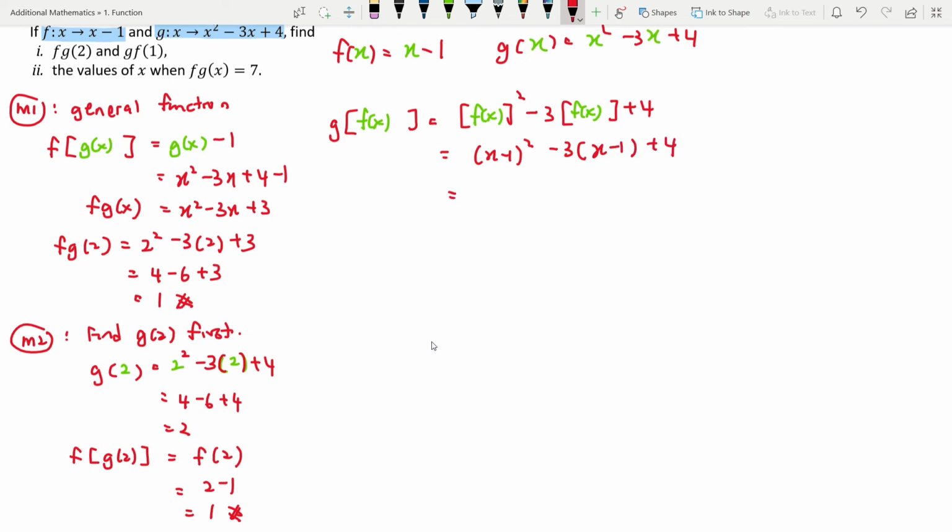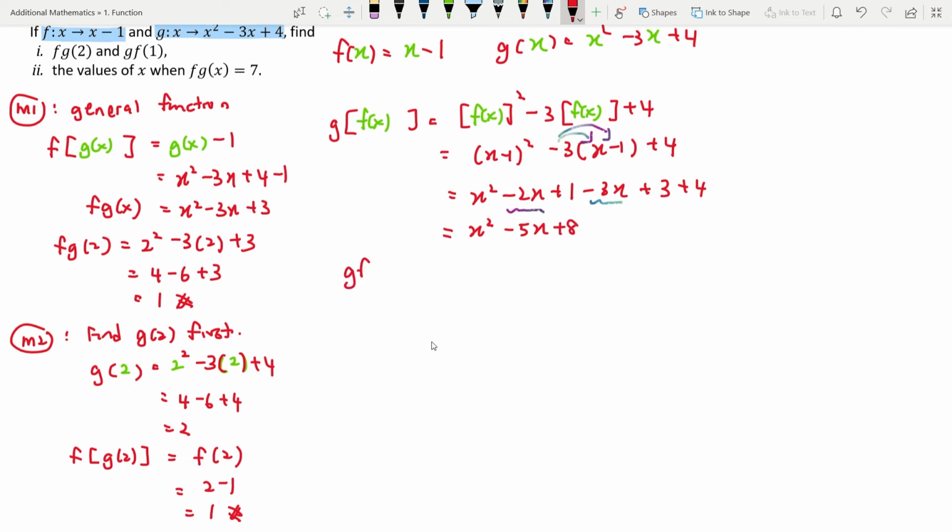Expand the bracket, we get x squared minus 2x plus 1. Negative, positive, we get negative 3x. Negative, negative, we get positive 3 plus 4. Collect all the like terms together, we have x squared, negative 2x minus 3x, negative 5x. And all the numbers, 1 plus 3 plus 4. So we get a positive 8.